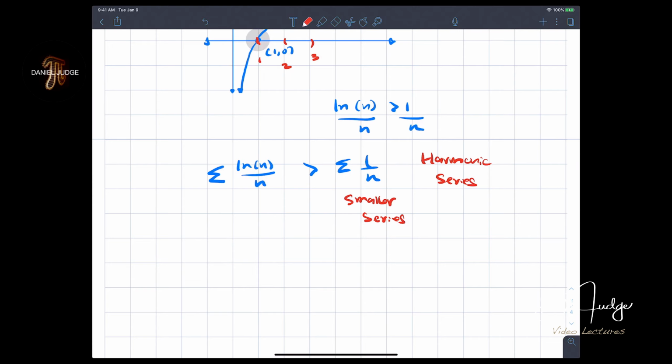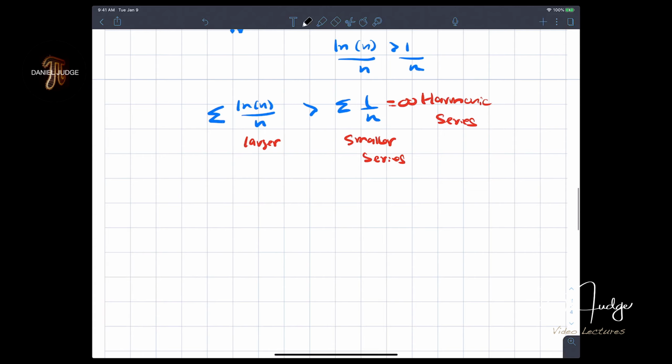This diverges. This is equal to infinity. So if the smaller series diverges, there is no way that the larger series can add its terms and be finite. So this is a demonstration showing that this particular series, the natural log n over n, is also infinite. This diverges.